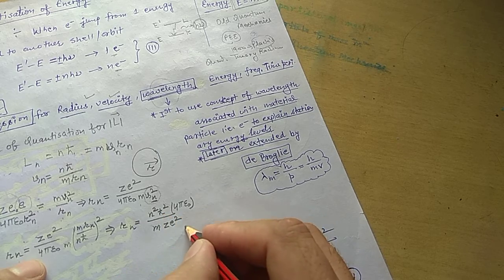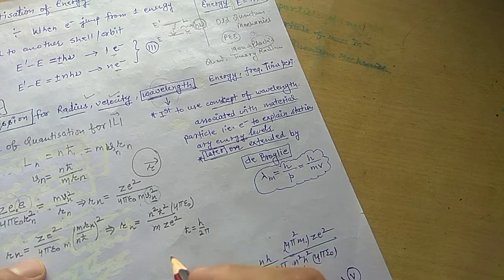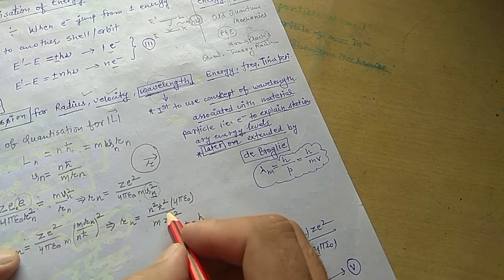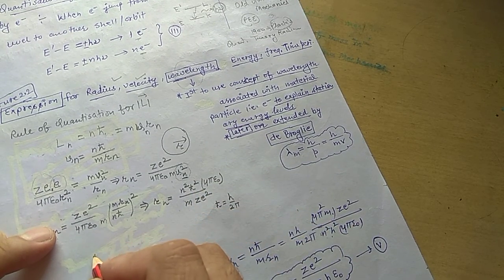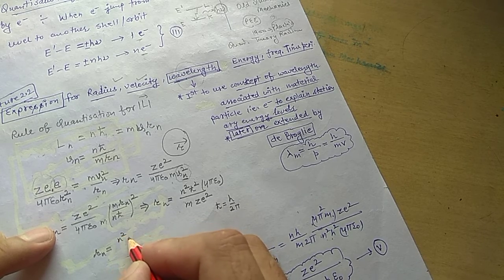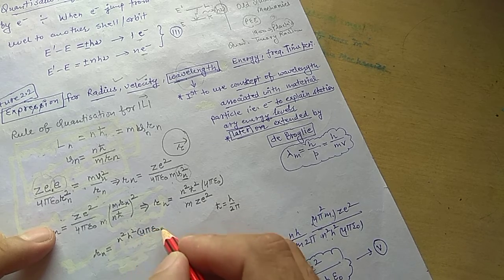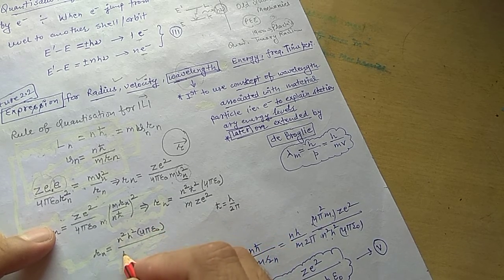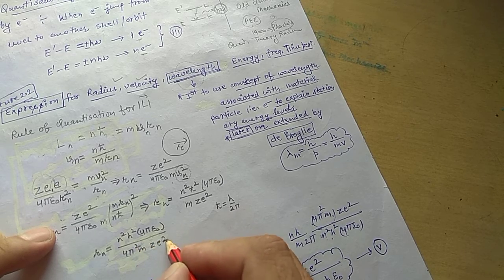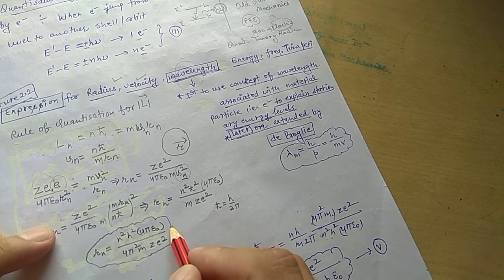If you put the value of h cut, it will be h by 2 pi, and the relation for the radius will change. So Rn is equal to n square h square 4 pi epsilon node divided by 4 pi square m Z e square. So class, this is the result for the radius.